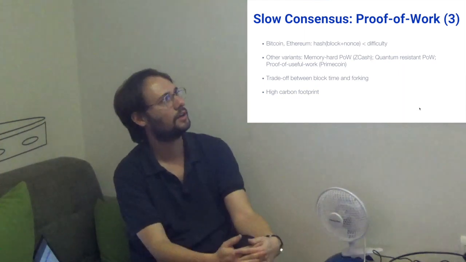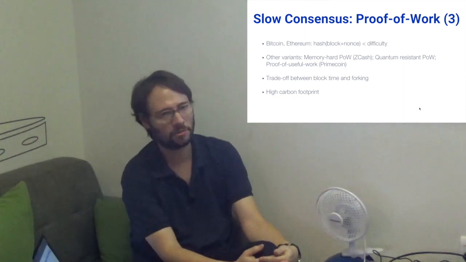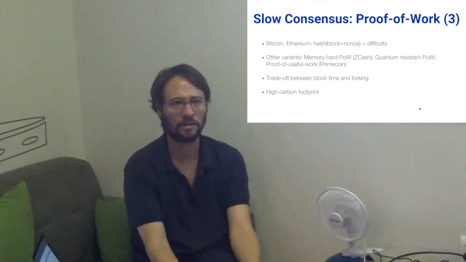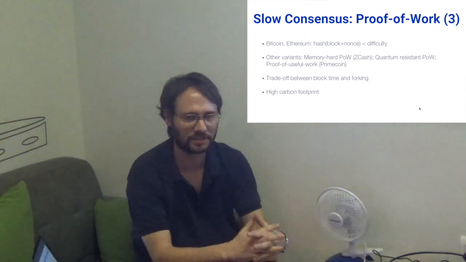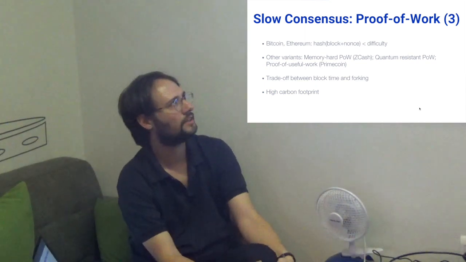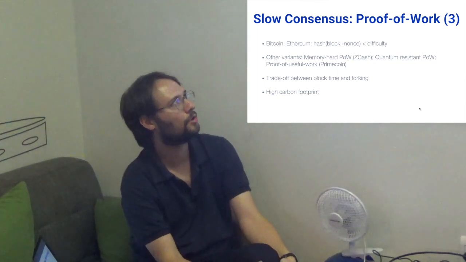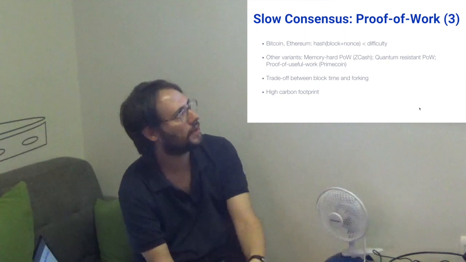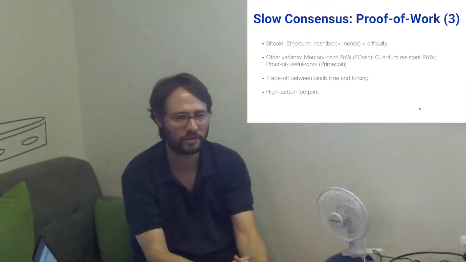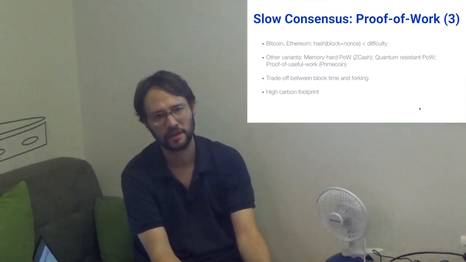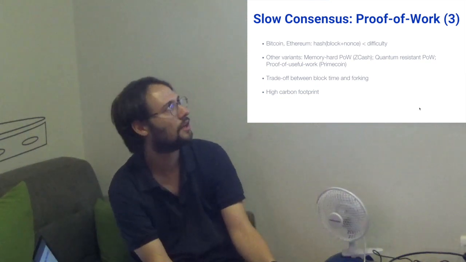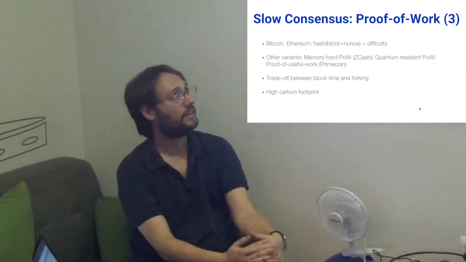Just to give a short recap, Bitcoin and Ethereum are the good examples of the classical proof of work. They both solve the puzzle that the hash of the block with the random nonce is smaller than a certain difficulty level. There are other variants of proof of work.